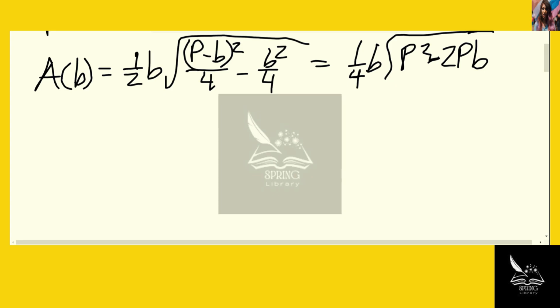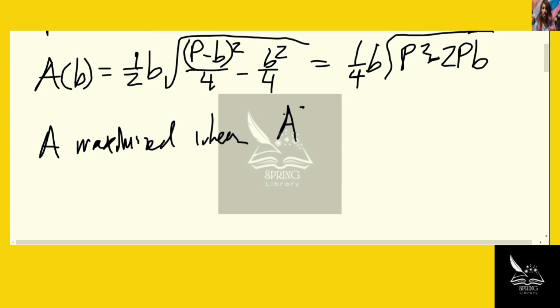Now, in order to maximize the area, we'll find the derivative A prime of B. On the one hand, you could take the derivative of this expression. Alternatively, we know that the area is also maximized when the area squared, which I'll call F, is maximized too.